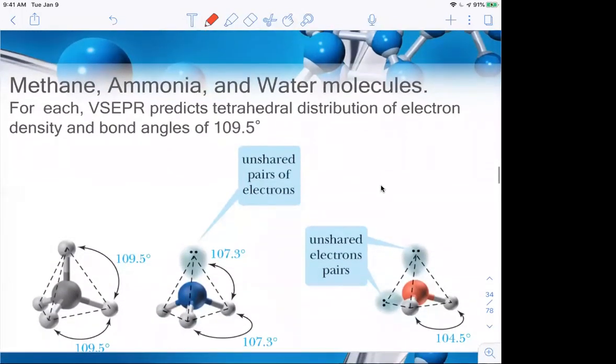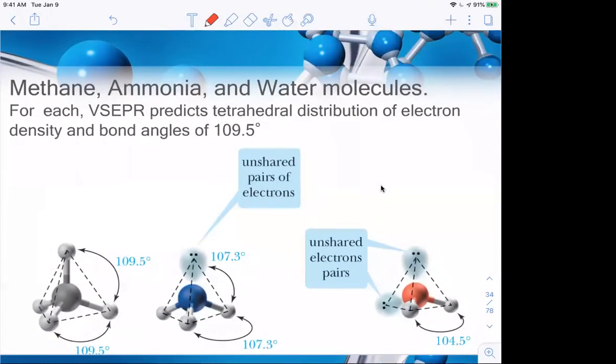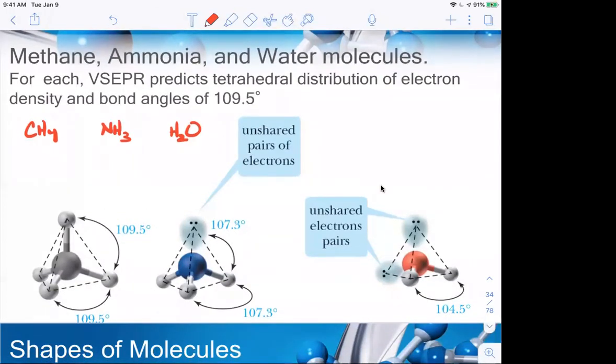Remember, when I look at methane, ammonia, and water, I have CH4, I have NH3, and I have H2O. CH4 is going to have 4 electron groups, and I'm going to have a tetrahedral geometry. Since those hydrogens are all the same, my bond angle is going to be ideal at 104.5.